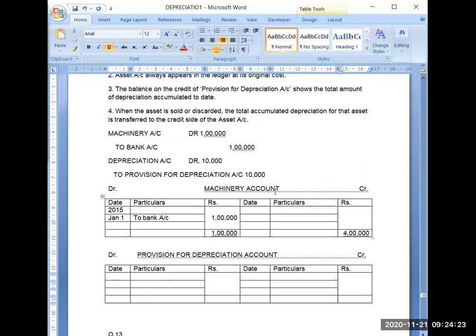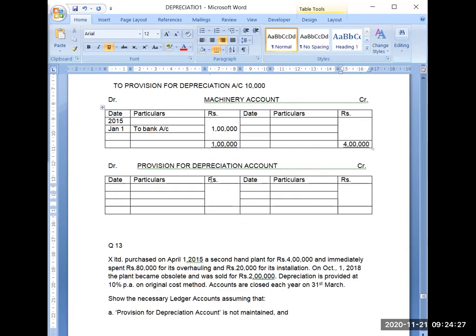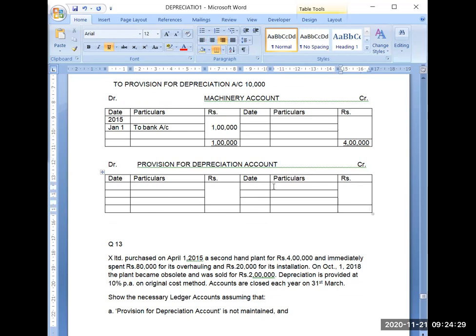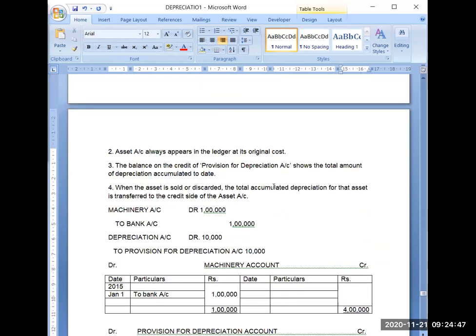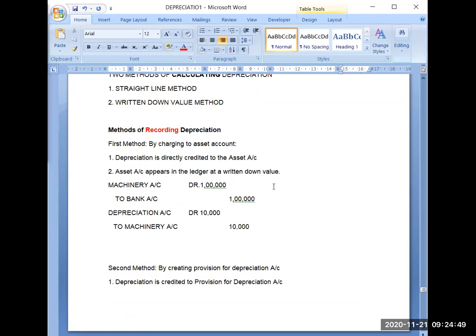Now our entry is depreciation account debit 10,000 to provision for depreciation account. So here I will be writing the entry by depreciation account, and here I will be writing the depreciation 10,000. So you can see in the previous method what was happening.